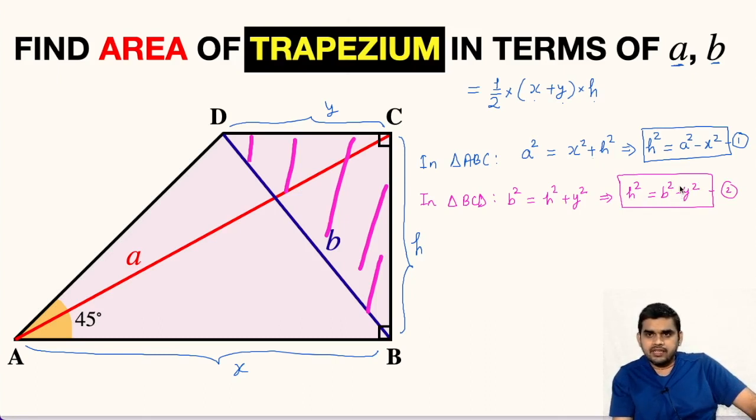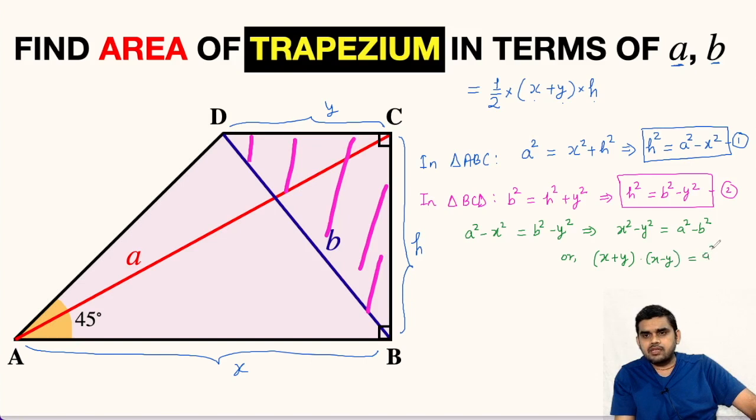Now we can equate equation 1 and 2. So we will get a square minus x square is equal to b square minus y square. So we can write x square minus y square is equal to a square minus b square, or we can express this as x plus y times x minus y is equal to a square minus b square. Let this be equation number 3.